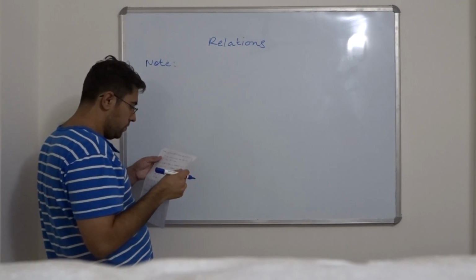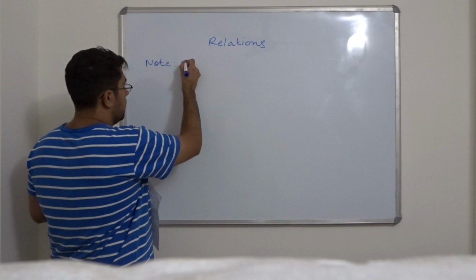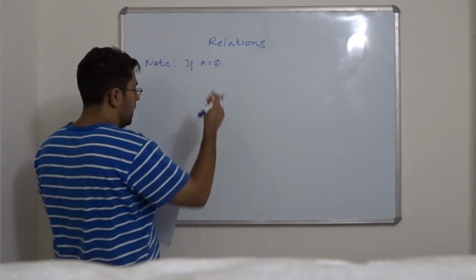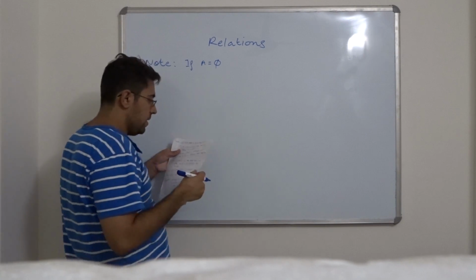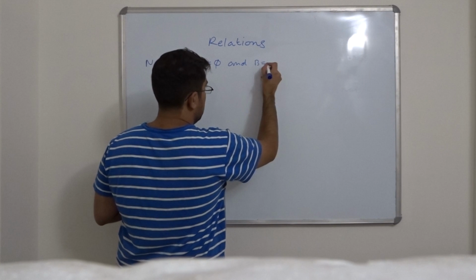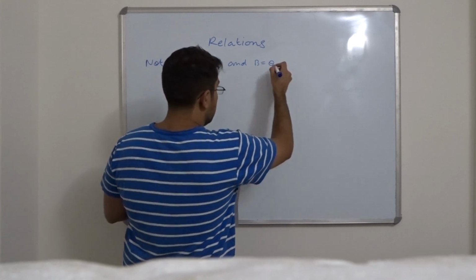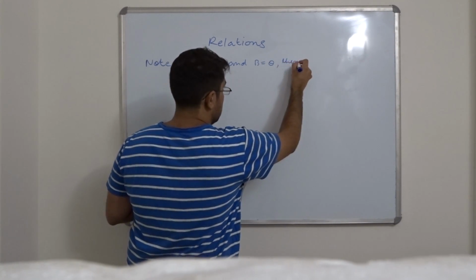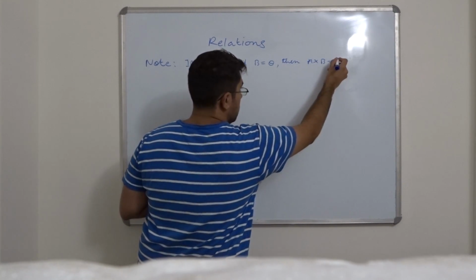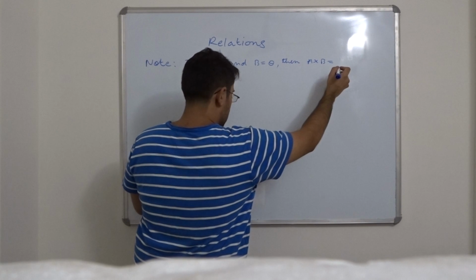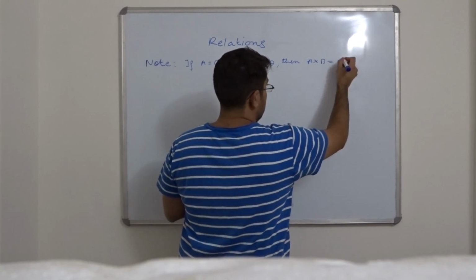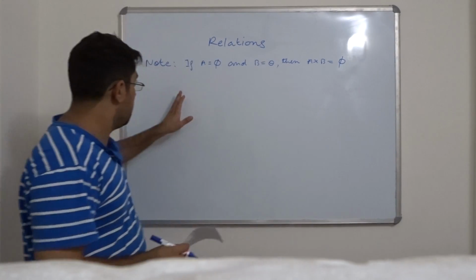If A is an empty set and B is an empty set, then A times B is an empty set. Do you understand?